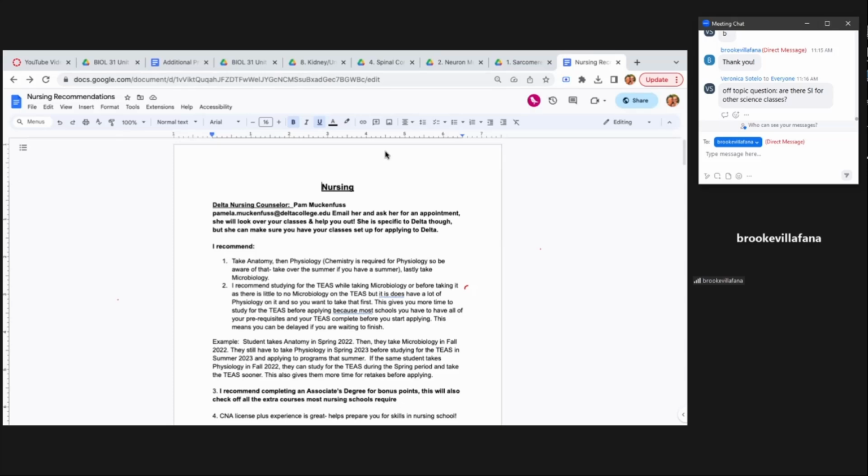Micro, I don't know. I think, actually, you know what? I did know one girl who was the SI for micro for a little while. I don't think she's doing it now. So iffy. I would say you have like a 50-50 chance. Anatomy has, because I do both Bender and Knudsen, anatomy, I've been doing this for a long time, so we have like the most SI, but I think I'm the only SI for anatomy.